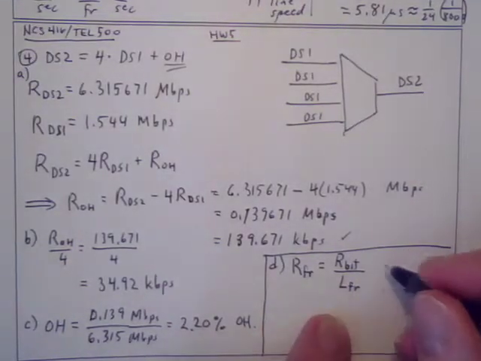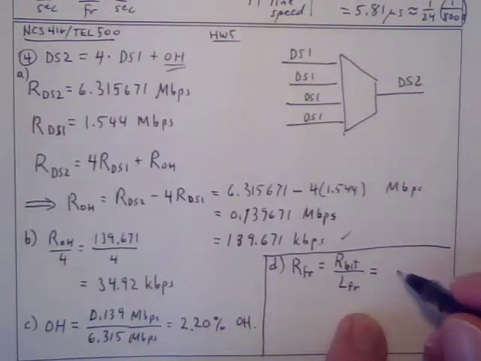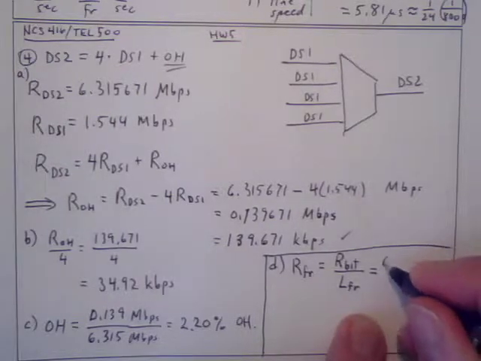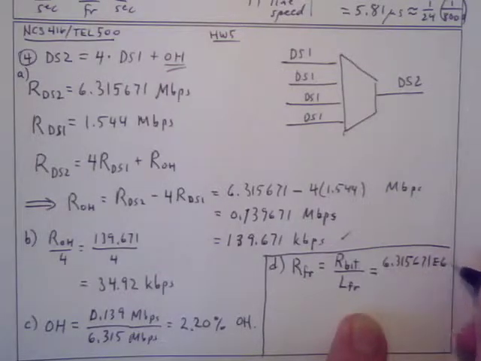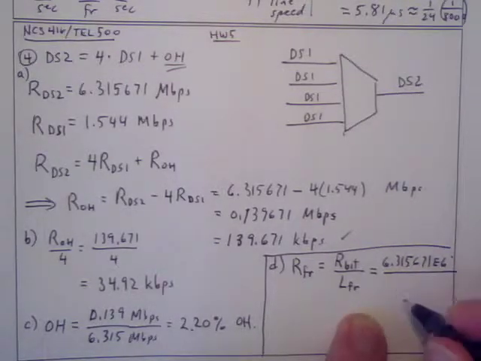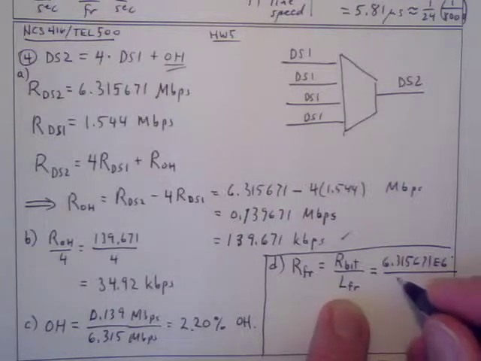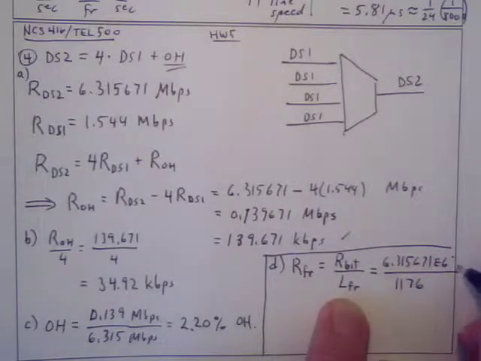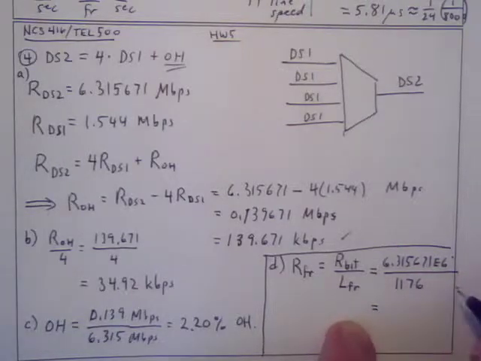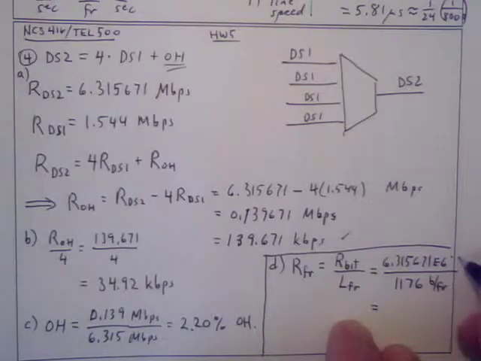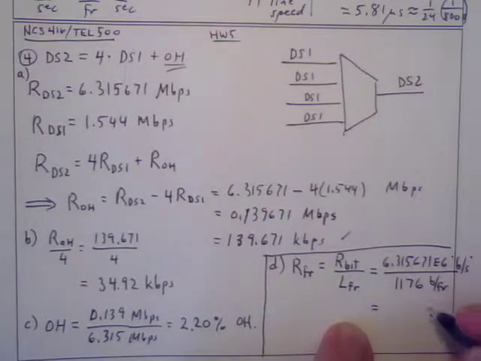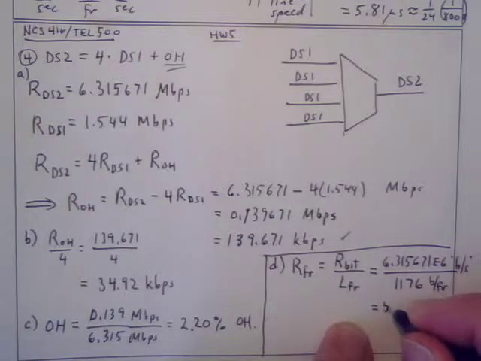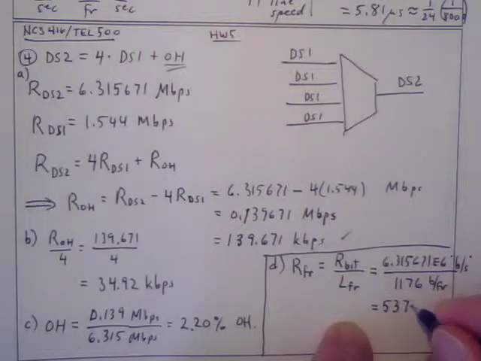Okay, and so the units on this, well, I'll do the calculation first. 6.315 times 10 to the 6th bits per second divided by the length of the frame, which is 1176 bits per frame, and I get 5370.5 frames per second.